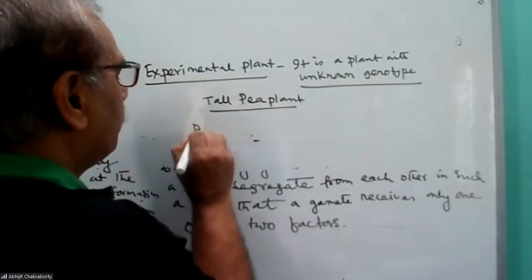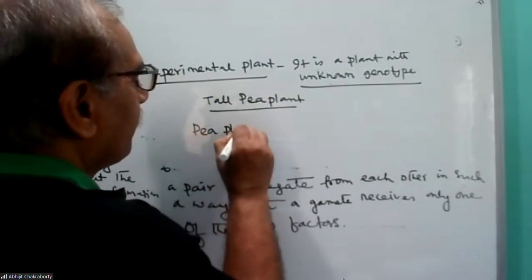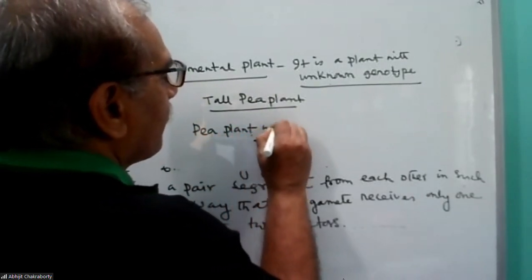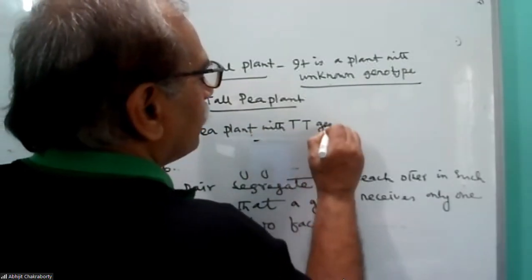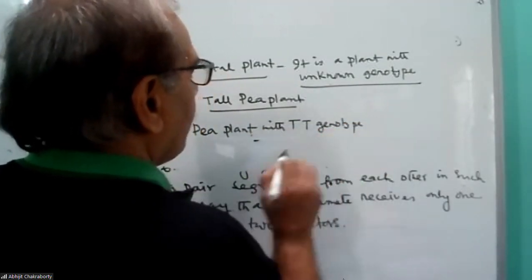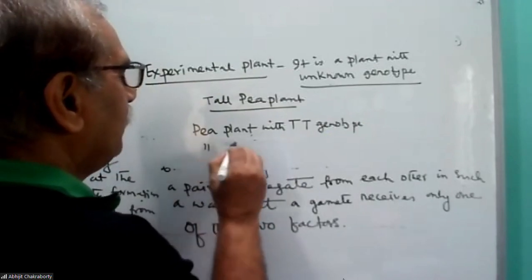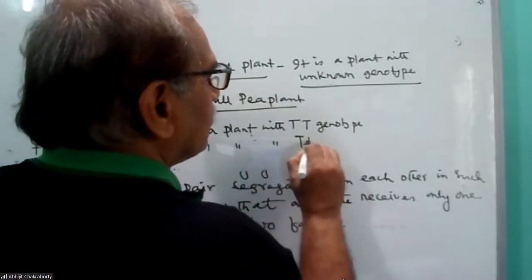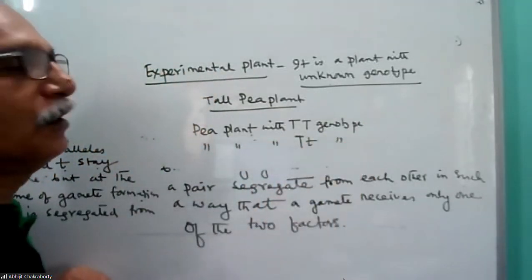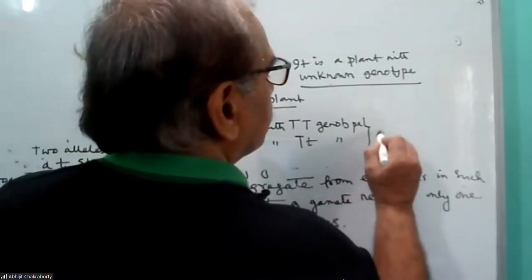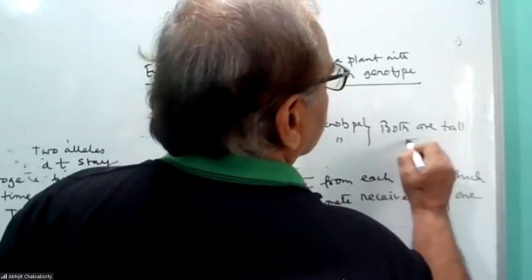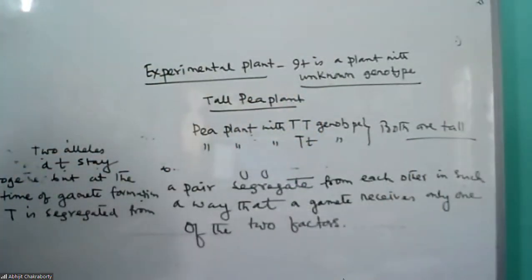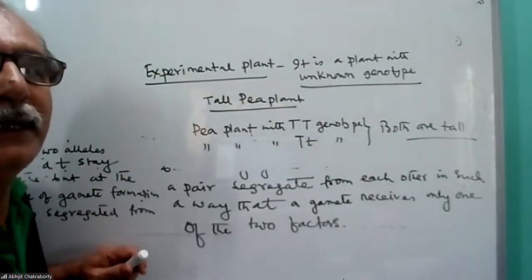A pea plant with capital T capital T genotype and a pea plant with capital T small t genotype are both tall. As both are tall, the genotype cannot be determined by appearance.